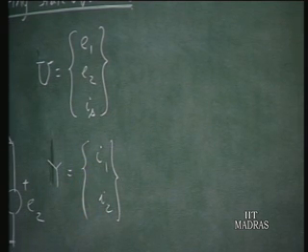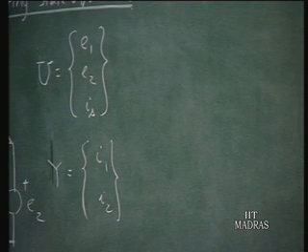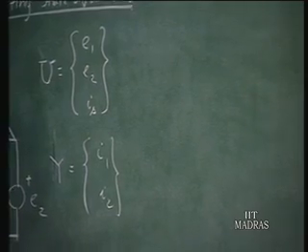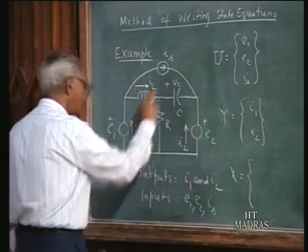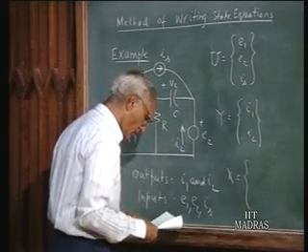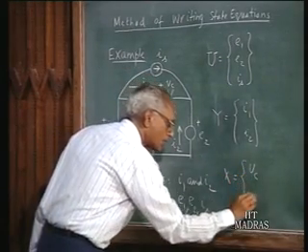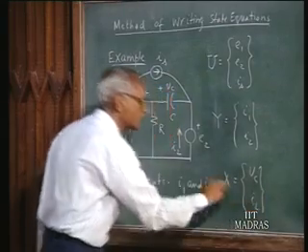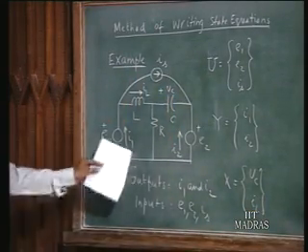As I mentioned in the last lecture, it is convenient to take the inductor current and the capacitor voltage as state variables in a system like this. Therefore, the state variables are IL and VC. I will take VC first and then IL. Therefore, let me put this VC and IL as the state variables. These are the state variables. So that is a natural choice.